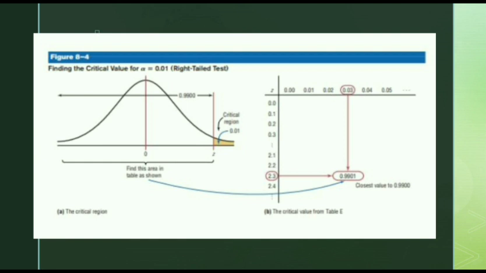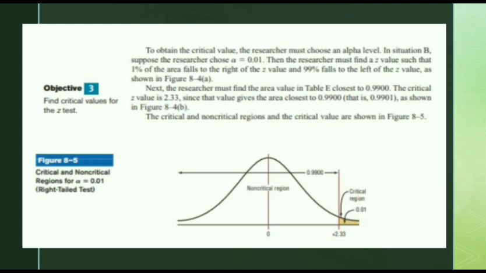Ikuan mo na silang duha, makakuha kag 2.33. As shown here, the critical and non-critical regions and the critical value are shown in figure 8-5. Muna siya ang non-critical region. And that's all.